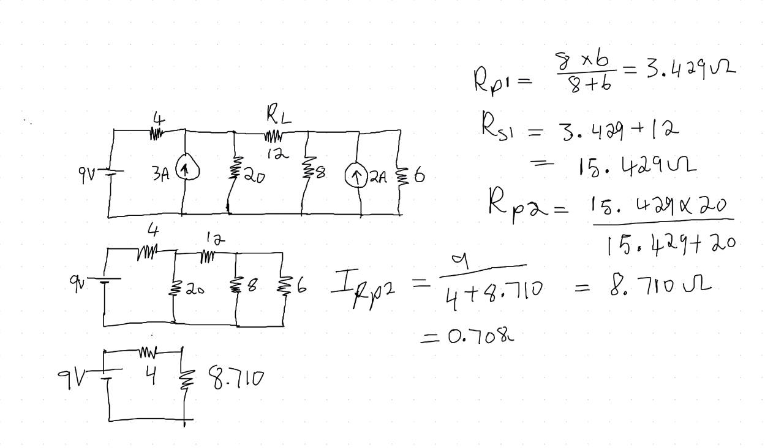So now I've got the current through RP2, and I'm looking for the current through the 12 ohm.